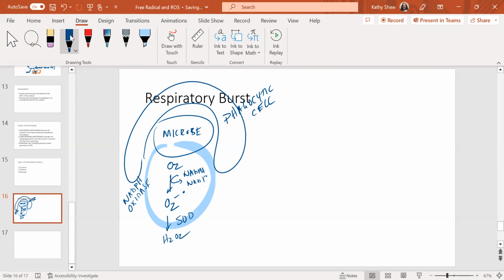Now we're going to add a chloride ion to the mix. So we're going to take that hydrogen peroxide, add a chloride ion, use an enzyme called myeloperoxidase. It's abbreviated MPO. And we're going to get hypochlorous acid, not hydrochloric. We've got the other oxygen in there. Hypochlorous acid.